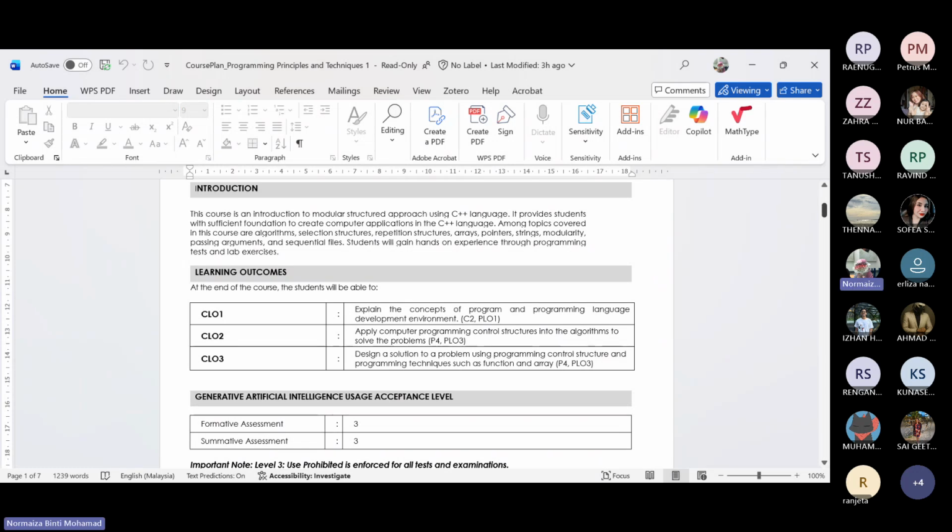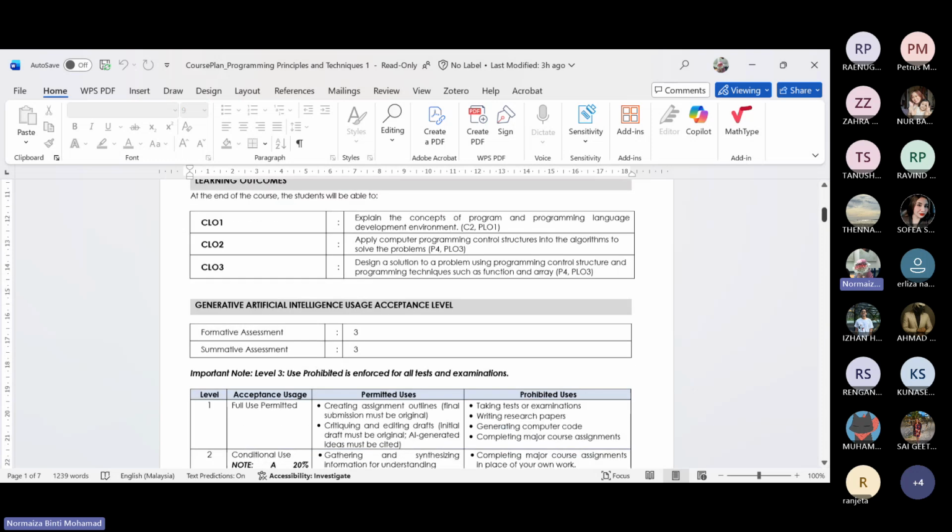At the end of the course, we should be able to explain the concept of program and programming language development environment, apply computer program control structure into the algorithm to solve a problem, and design a solution to a problem using programming control structure and programming techniques such as function and array. So basically, all of this programming is using C++.